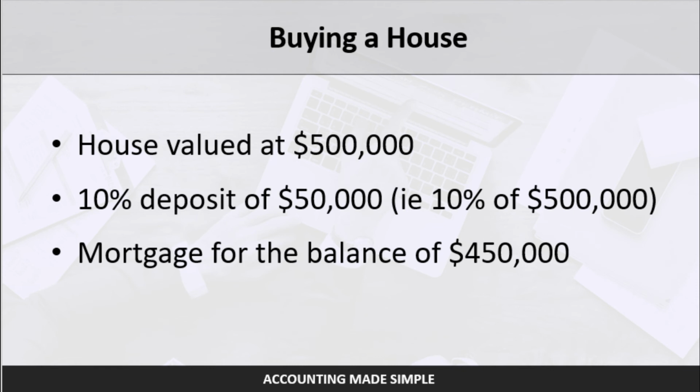Let's say the house costs $500,000. The 10% deposit we have to pay from our own money is $50,000, which is 10% of $500,000. We will therefore take out a mortgage of $450,000, which is the total of $500,000 less the deposit of $50,000.